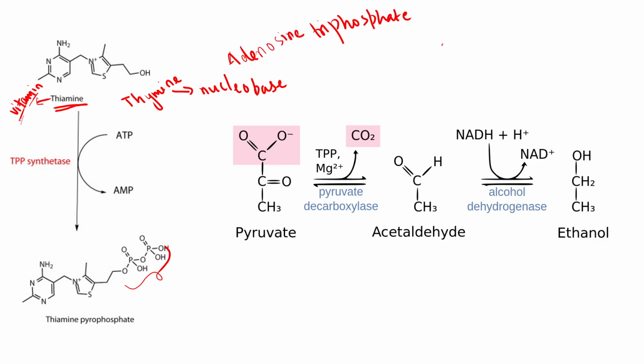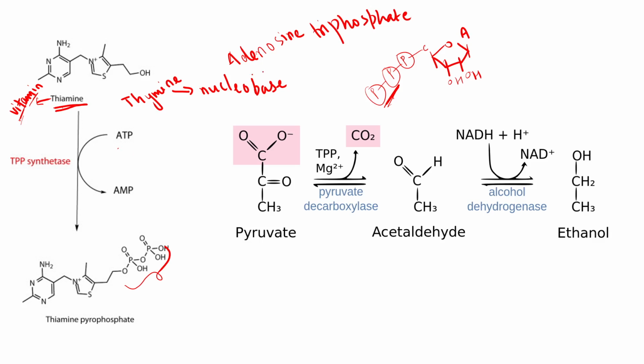That means there is a ribose sugar, to which adenine is attached, and here we have 3 phosphate groups attached. Out of these 3 phosphates, these 2 phosphates are transferred to thiamine.